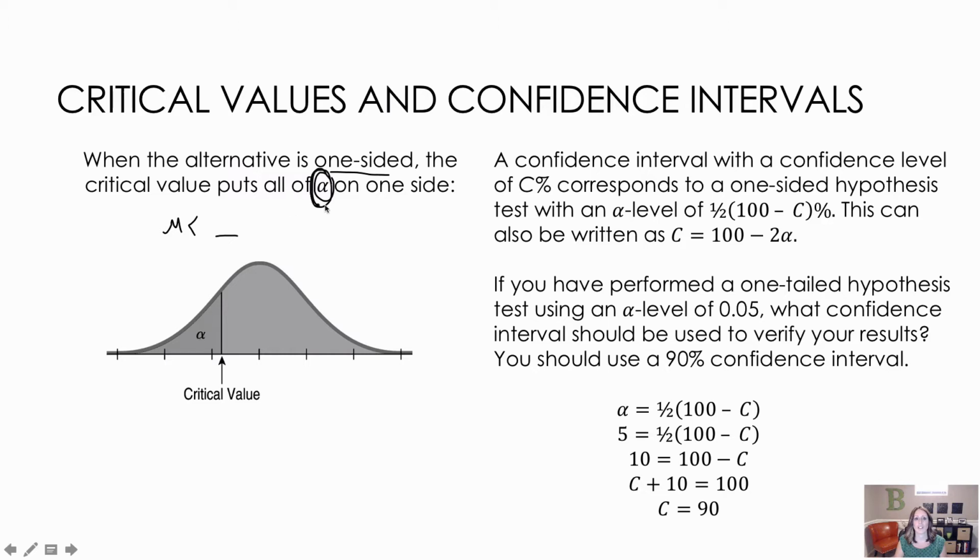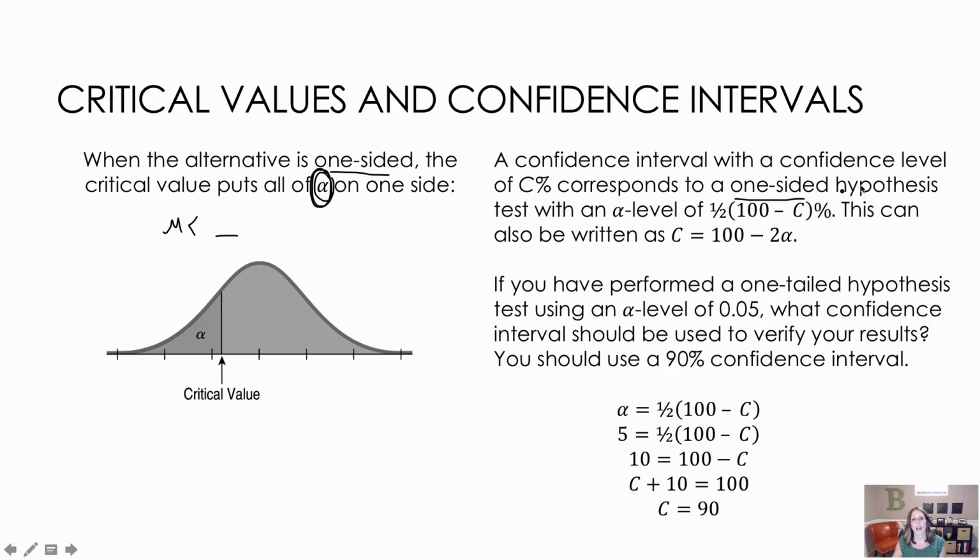All of our alpha level that we're going to test against is one-sided because our alternative hypothesis is one-sided. So we want to equate using, say, an alpha level of 0.05 or 0.01 with the appropriate confidence interval, so that those two match up and back up each other.